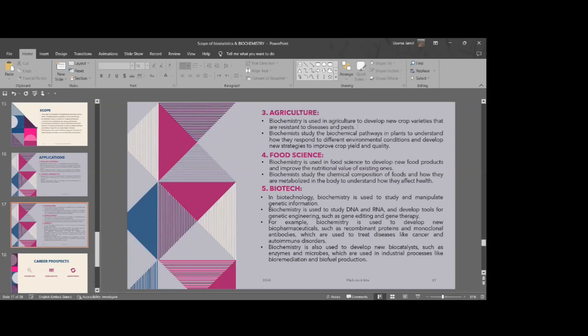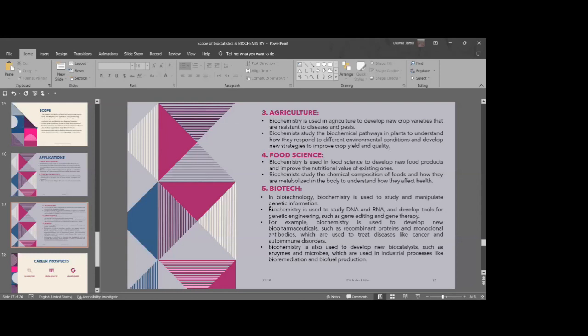So it comes under the agriculture portion where we utilize biochemistry. Biochemists study the biochemical pathways in plants to understand how they respond to different environmental conditions and develop new strategies to improve crop yield and quality.